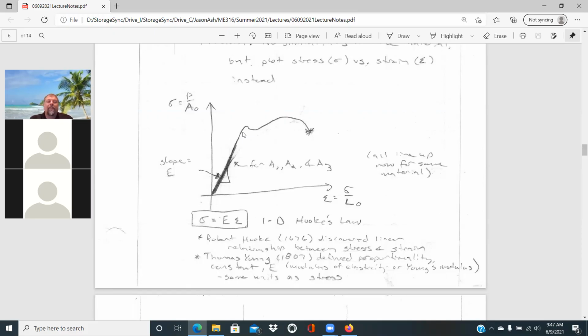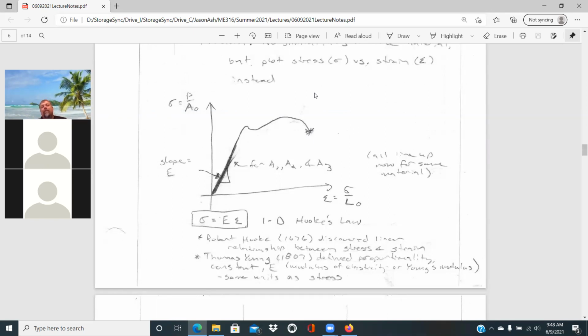Since we're not accounting for that greatly reduced cross-sectional area, we see the engineering stress and strain drop off, because we're dividing by the original cross-sectional area, not the current cross-sectional area. If you were to plot the true stress versus true strain, dividing by the actual cross-sectional area, you'd never see this drop down. It would just continually increase up to the maximum state of stress at failure.